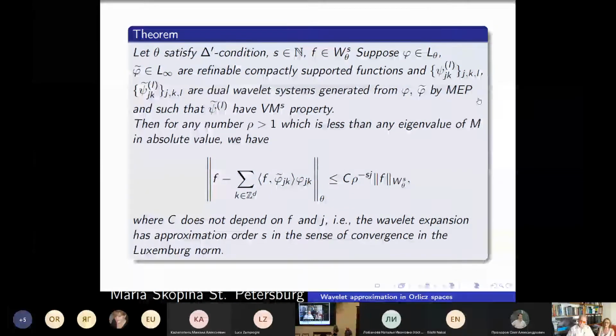Okay. More questions? Let me ask one question. Since you impose the delta condition, maybe when you estimate, you can use a kind of interpolation between these spaces, because the Orlicz space and Orlicz norm you can obtain by interpolation between these spaces. Or maybe just think about it. We did not think about it.